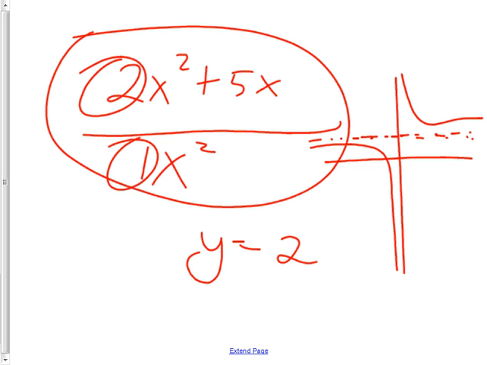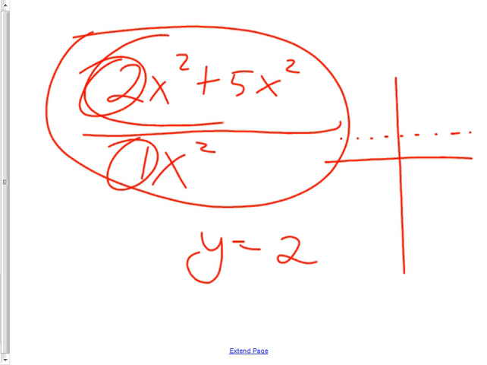All right, question. Yes. Good question. Does this make it any bigger on the top? These are put together, but the plus though. So 2x squared plus 5x squared just makes 7x squared.